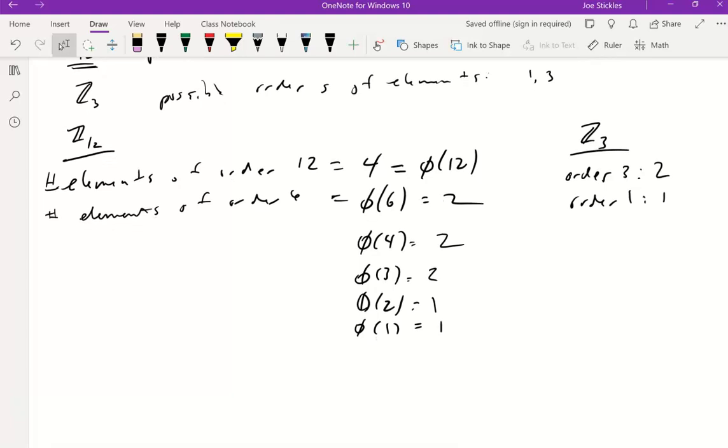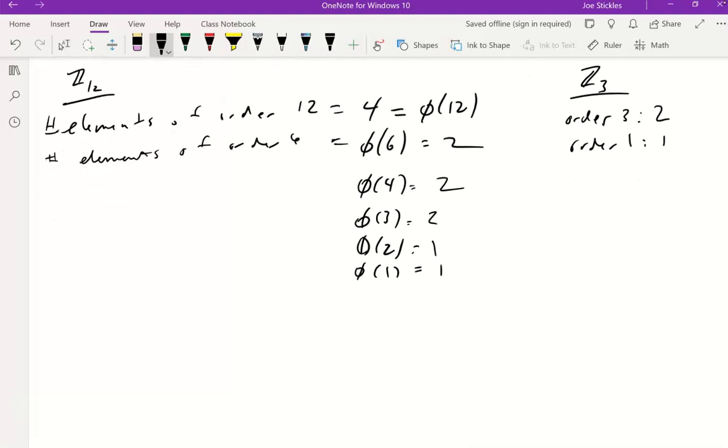You okay with counting the number of elements of a certain order? Okay. Notice part B asks you, in the sheet that I handed out, how many elements of each possible order there are in the direct product.